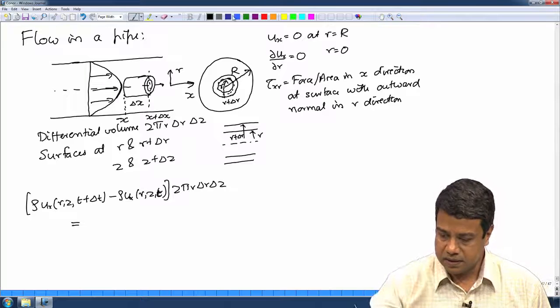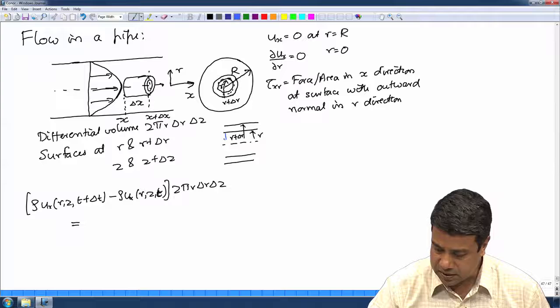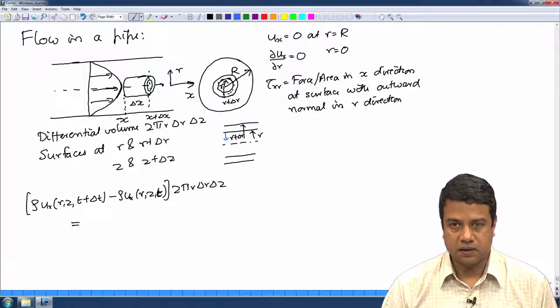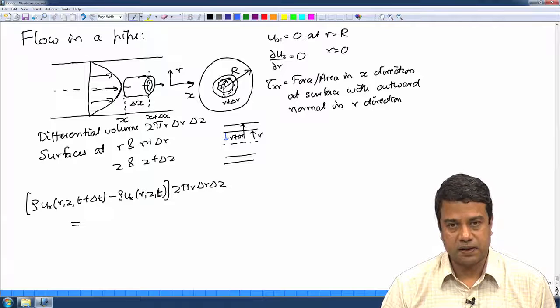If you look at the surface at r, the outward perpendicular is in the minus r direction.